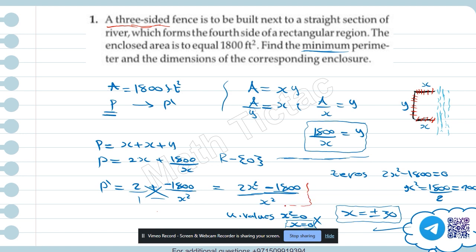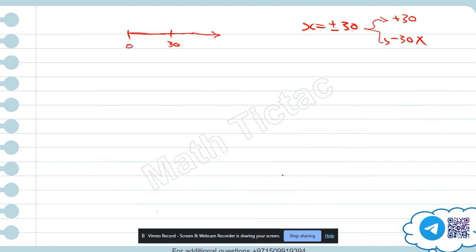So I will substitute any value less than 30 and greater than 0 in this. Let's say I have 1, for example, so 2 multiplied by 1, which is 2, then minus 1800. This is going to be negative over positive, so that will give me a negative value.